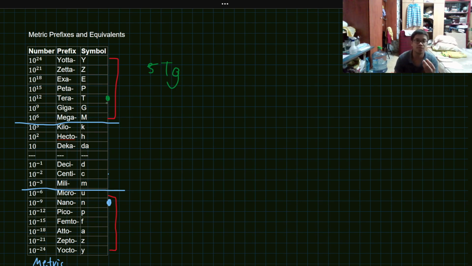Now I wish to convert it to mega, so let's convert tera to megagrams. Where is tera? Just right here. Where's mega? Just right here. So mega is 2 rows below tera, which means you will go down.